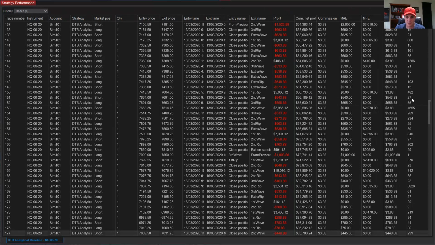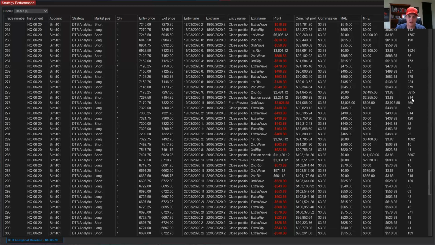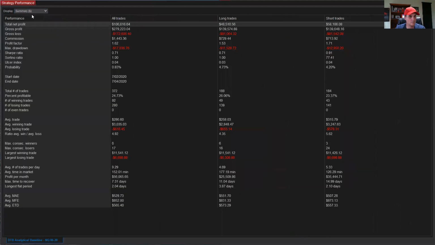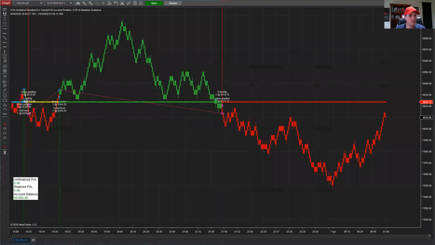So that's a good history of this strategy in action and what it does. So that is pretty impressive. That's 2 months of data and on one lot per trade. Okay, so that's that one.